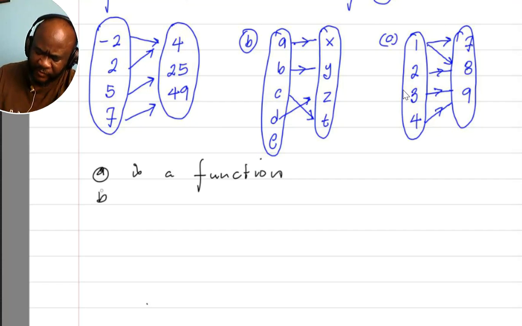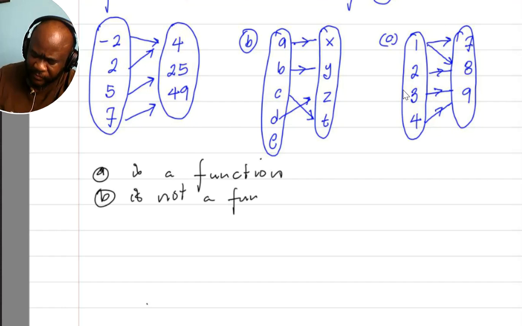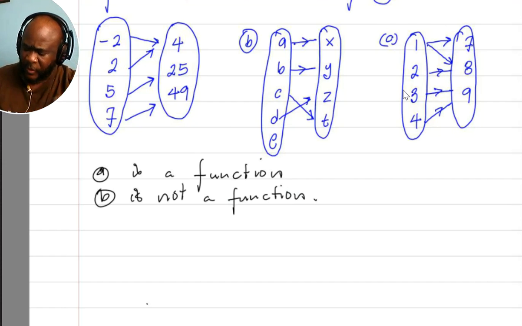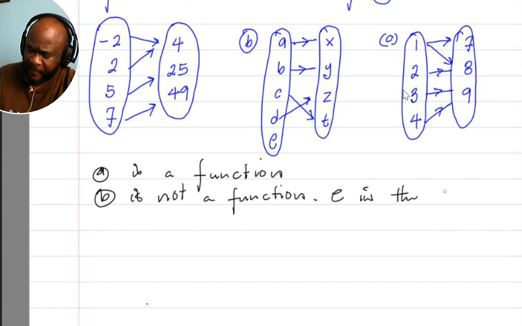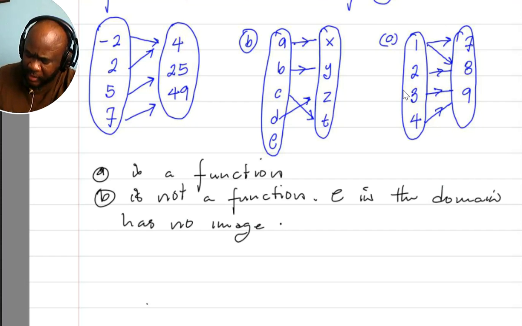B is not a function. E in the domain has no image in the codomain.